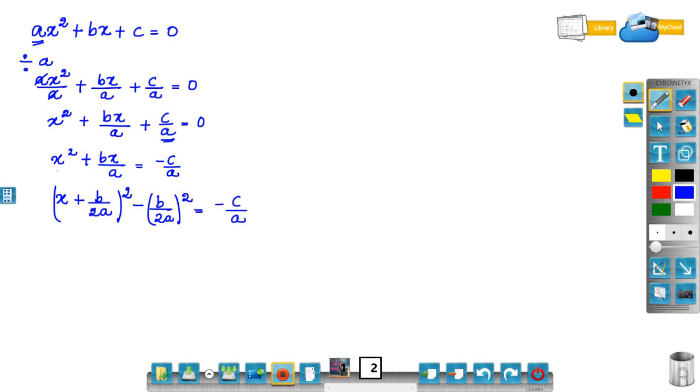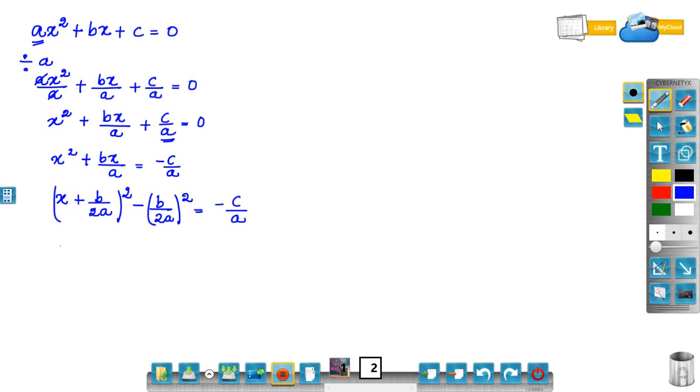Now, we have written x square plus bx by a in the form of a square, that is x square plus bx by a is equal to x plus b by 2a whole square minus b by 2a whole square, and in the right hand side minus c by a.